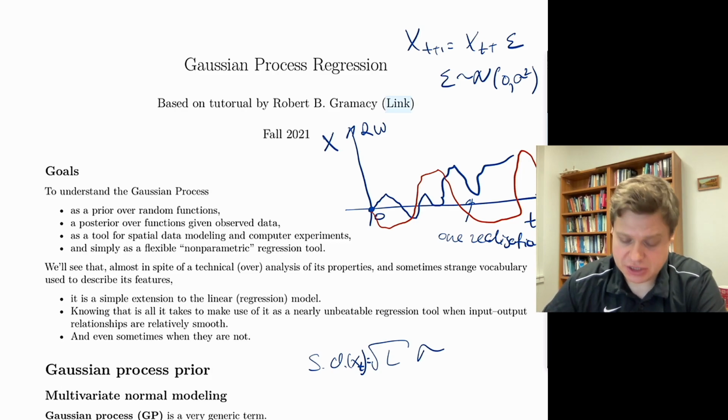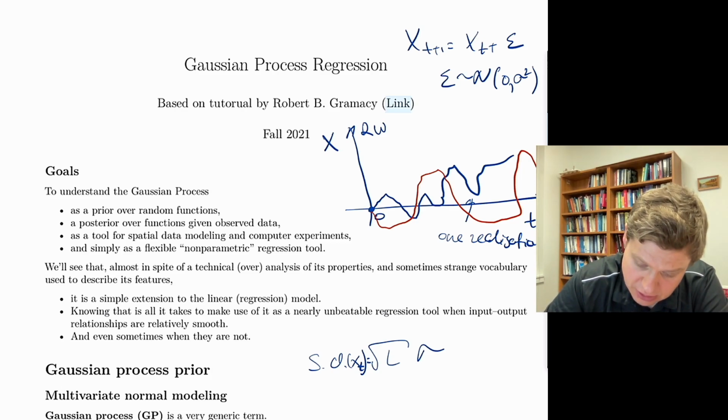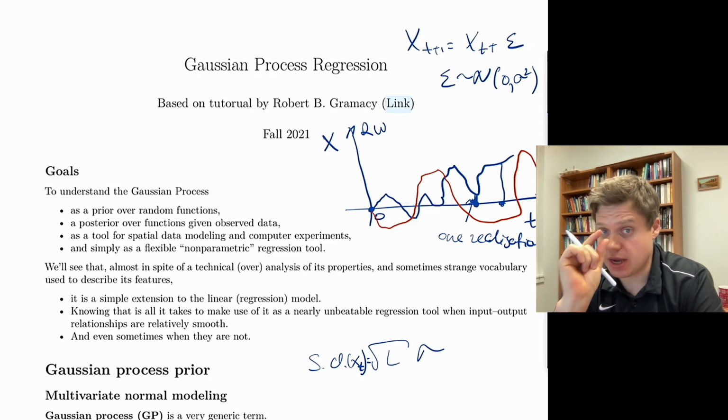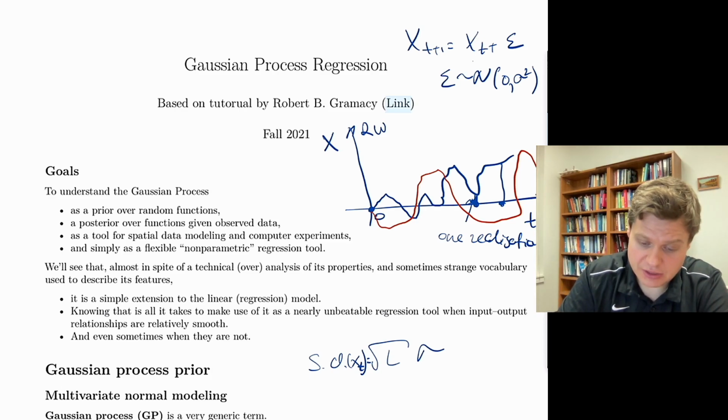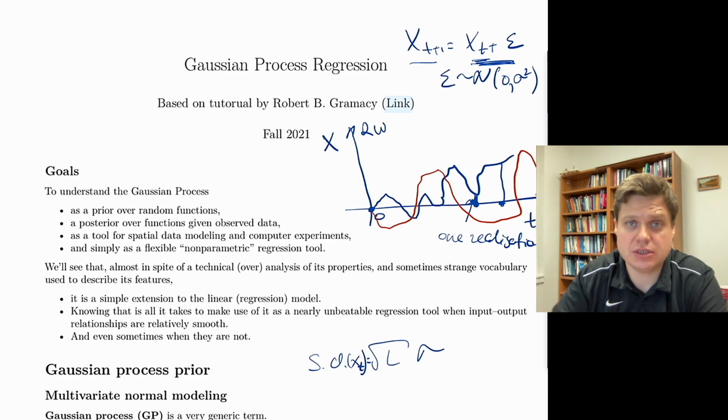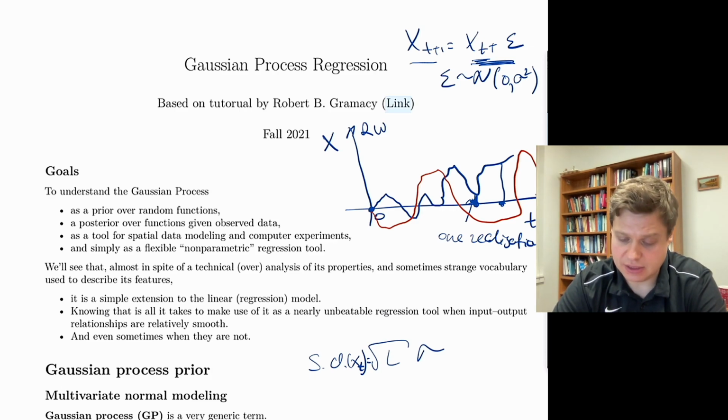And another observation is that if you take 2 points, if you take this point and this point, they're going to be correlated. And the closer they are to each other, the more correlated they are, just because the next one is just an increment of the previous one. And so by the nature of the definition, they are related, and there's a covariance structure. Okay.